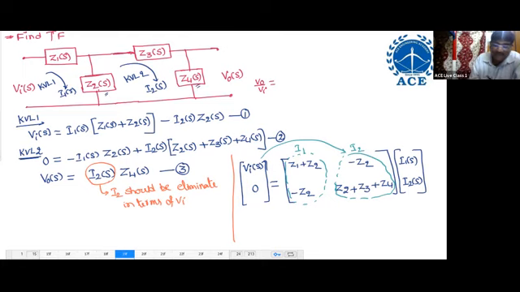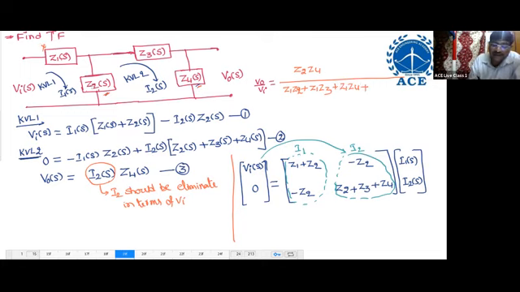That means Z2 Z4 in the numerator. In the denominator, take the first element and multiply it with the remaining three: Z1 Z2 plus Z1 Z3 plus Z1 Z4. The first element is completed.